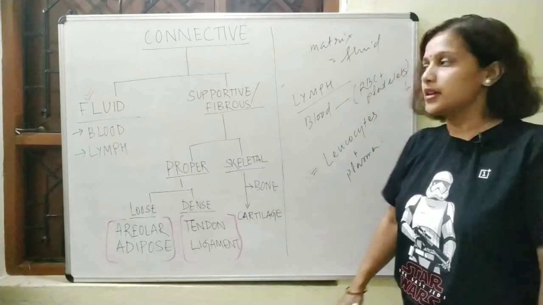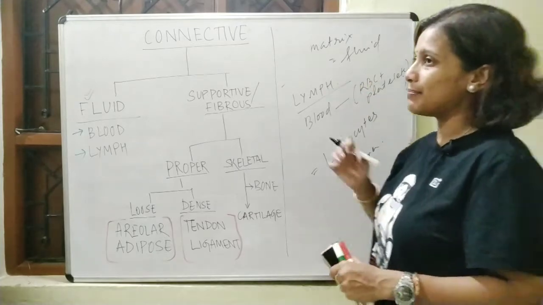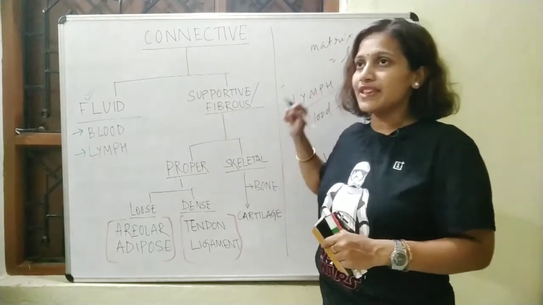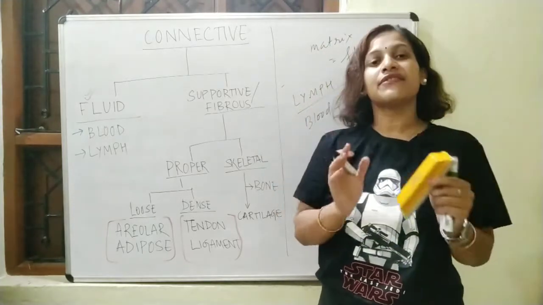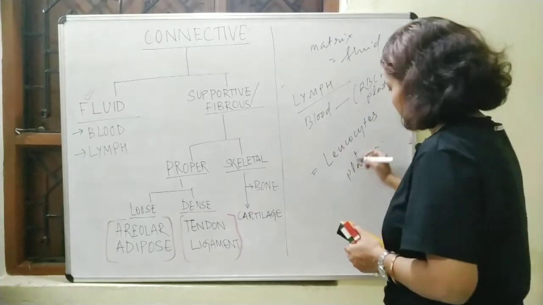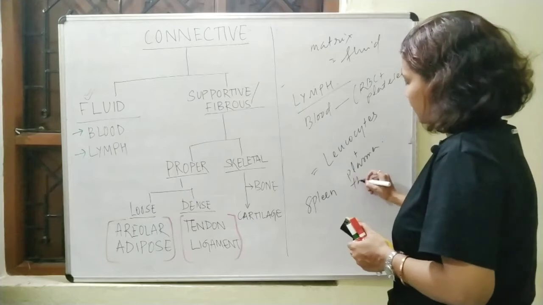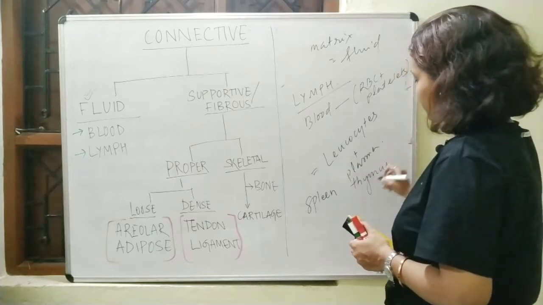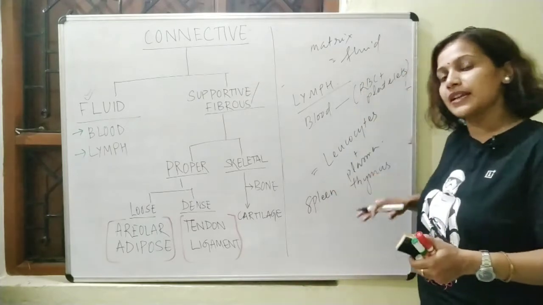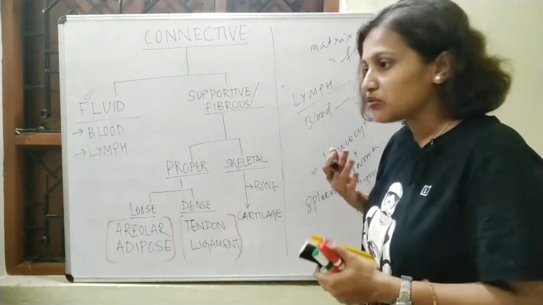Clear? Now this thing constitutes the lymph, but apart from that, lymph is channelized through specific lymph organs or lymphatic organs. Lymphatic organs like you have your spleen, you have your thymus. These are two lymphatic organs which you must have come across while going through the book.